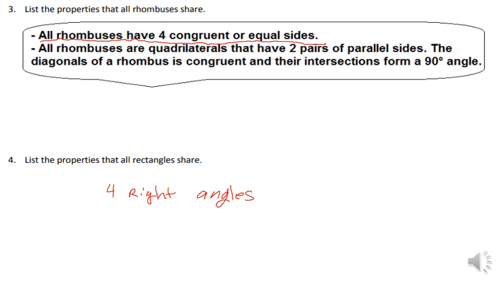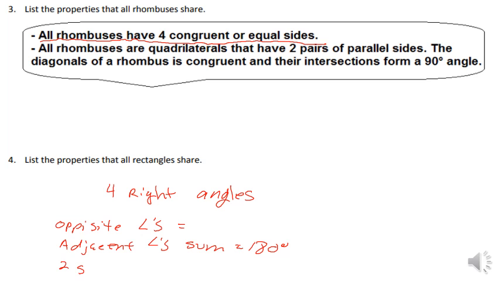Now I could go through and list all the other properties they have, which means opposite angles are equal and adjacent angles sum is equal to 180. I could also put 2 sets of parallel sides, and I could go on.